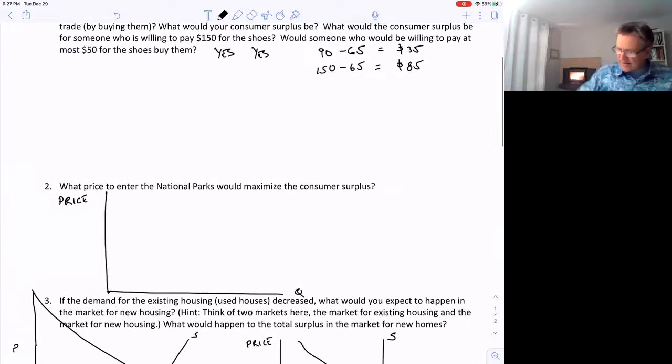Next question, what price to enter the national park would maximize consumer surplus? So remember, consumer surplus is what we're willing to pay, and we subtract off what we actually pay. So here's the demand curve to go to the national parks.